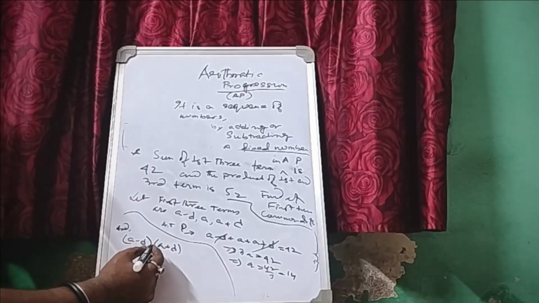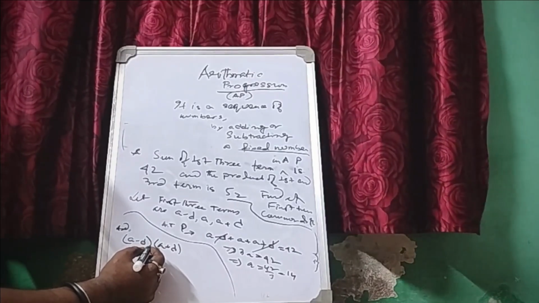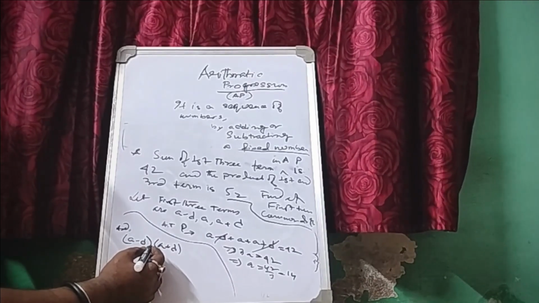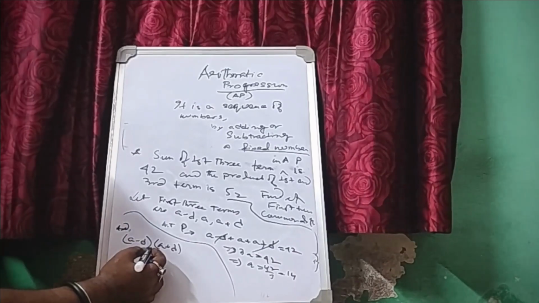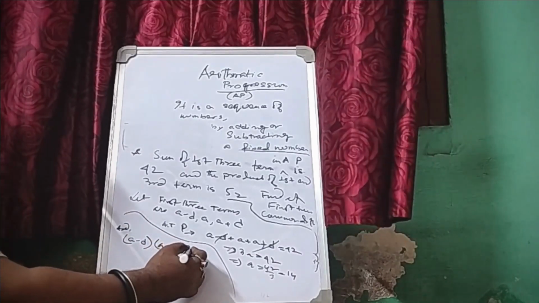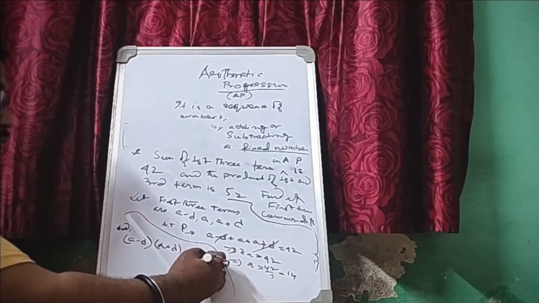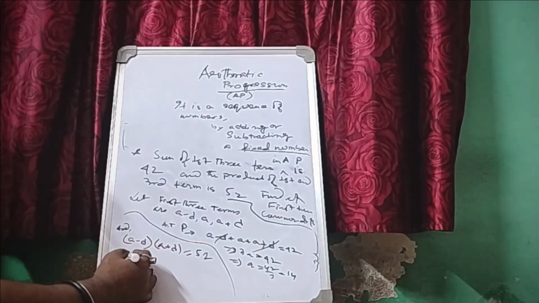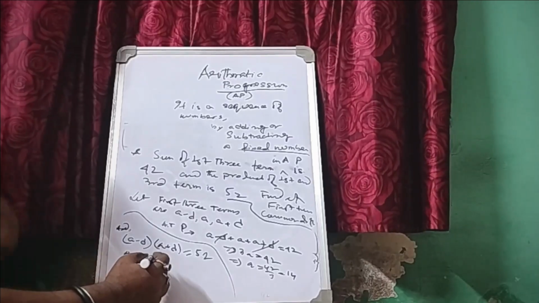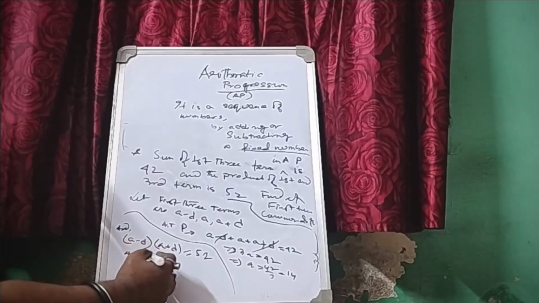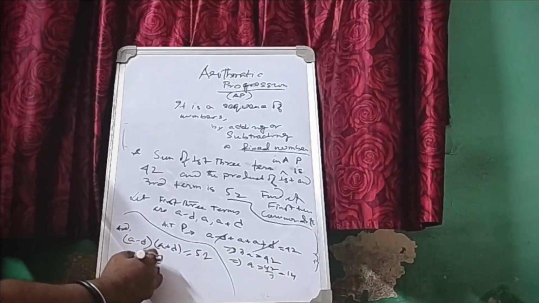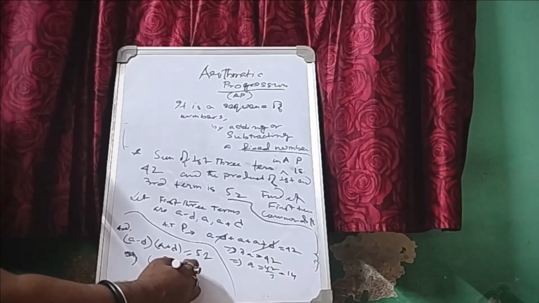If there is no sign between two brackets, in mathematics it will be treated as multiplication. Is equal to 52. Here, a minus d into a plus d. That means a square minus d square.